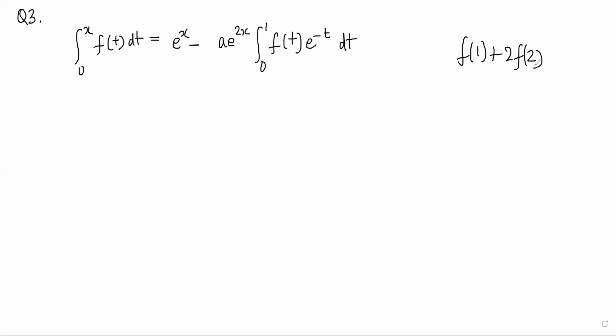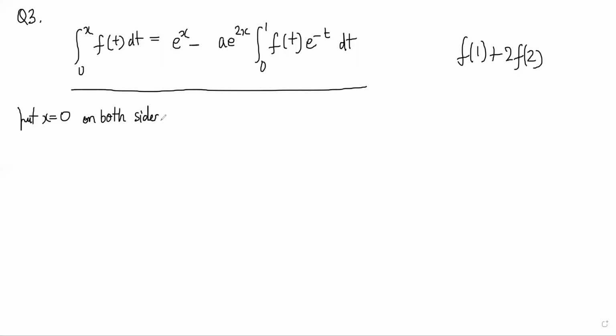Okay, so this relation is true for all x. So what you can say is, suppose I put x equal to 0 on both sides. Why? Because x equal to 0 will make this integral disappear, right?